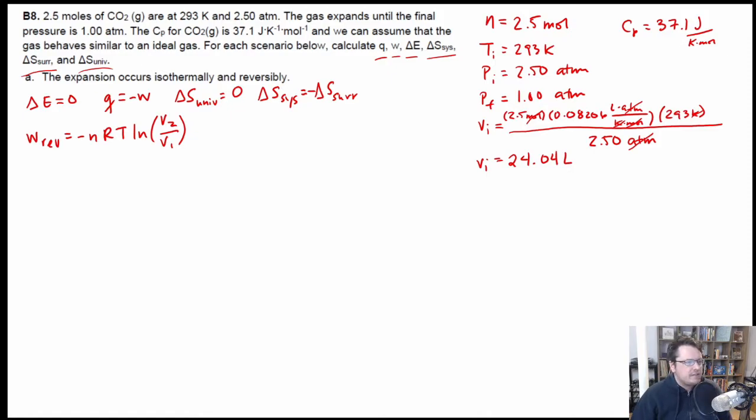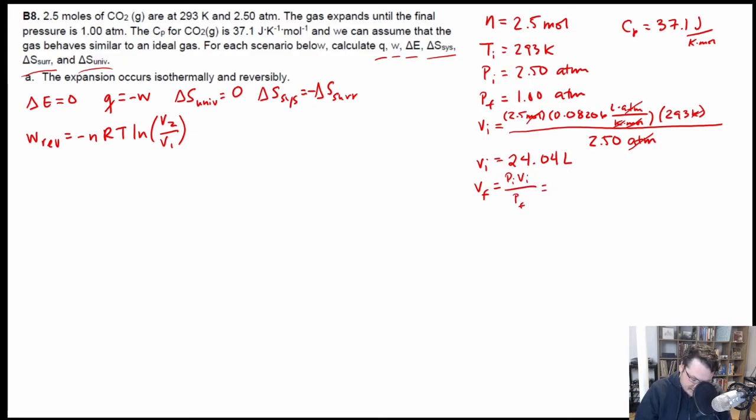The next thing is, what does the gas expand to? For V final, we can do two approaches. We can simply do P1 V1 equals P2 V2, or we could plug everything into the previous equation for V initial and switch out the 2.5 with a value of 1. I'm going to do P1 V1 equals P2 V2 because that makes it a lot easier. So V final is P initial times V initial over P final.